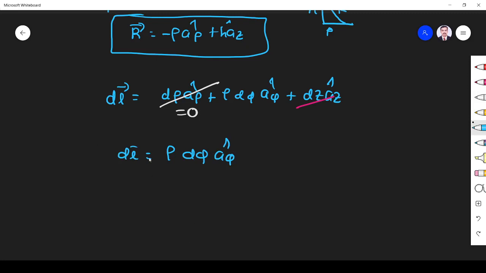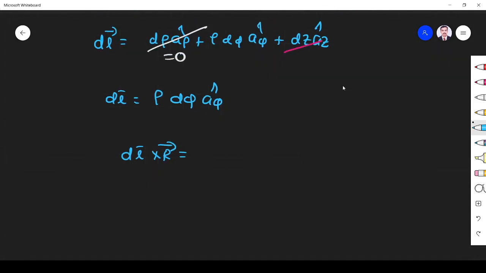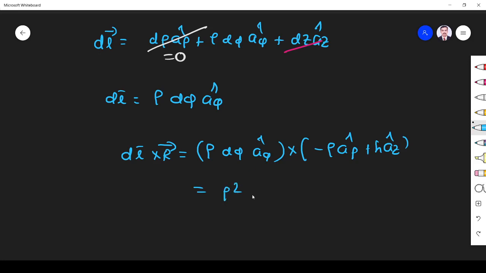Now we got everything, right? So now we can go and say DL cross R, because in Biot-Savart I need DL cross R. So DL cross R means, what is my DL? Rho d phi A phi cross R. R is minus rho A rho plus h A Z. So if you take the cross product, rho into rho, rho squared d phi, A phi into A rho is minus AZ.